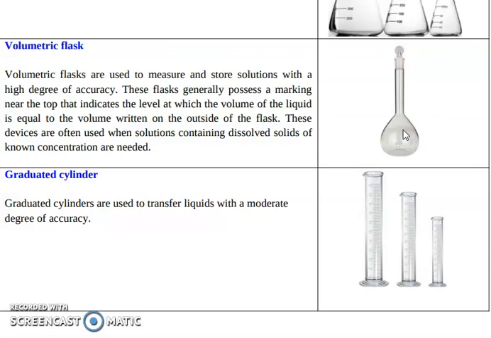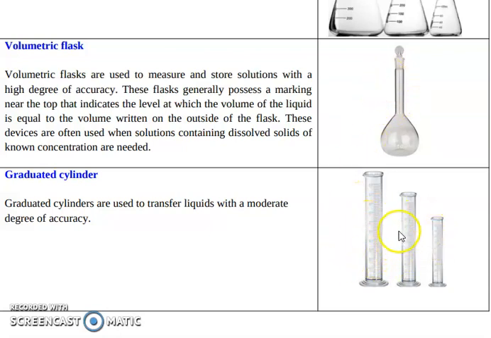These flasks generally possess a marking near the top that indicates the level at which the volume of the liquid is equal to the volume written on the outside of the flask. These devices are often used when solutions containing dissolved solid of known concentration are needed.